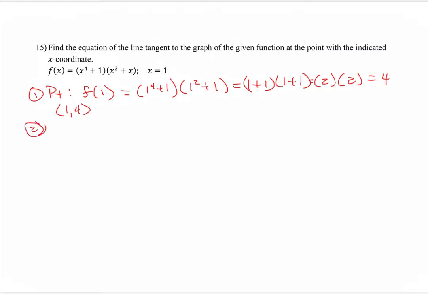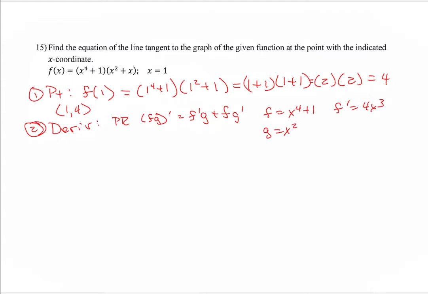Second, we need to find the derivative. To find the derivative, we're going to use the product rule. So that's f prime g plus f g prime, where f equals x to the fourth plus 1, so f prime equals 4x cubed, and g equals x squared plus x, so g prime equals 2x plus 1.